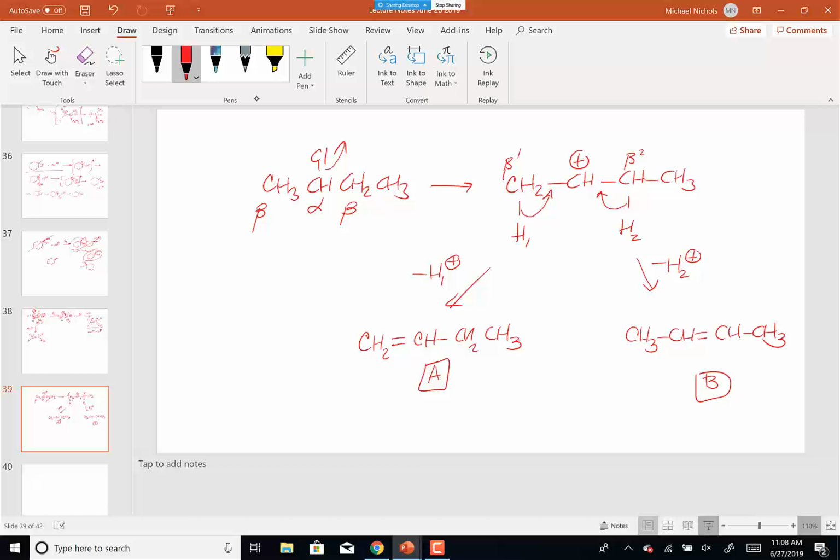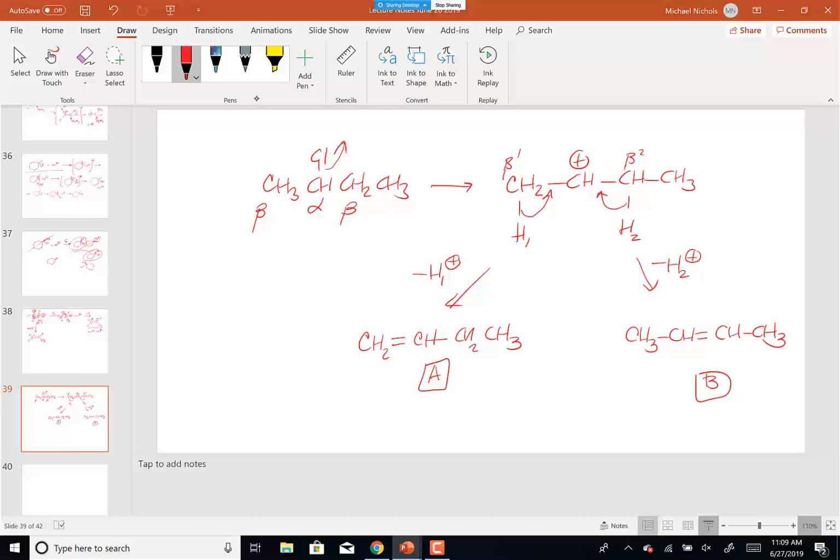A 1 or a 2? If that's my definition of 1 and 2, all the reactions that have carbocation intermediates are going to be what kind of reaction? A 1 or a 2? A 1.